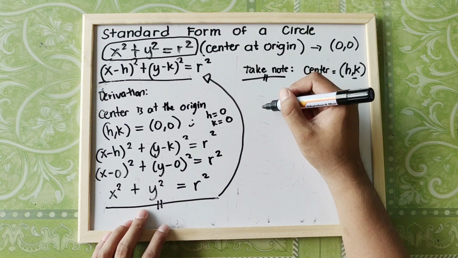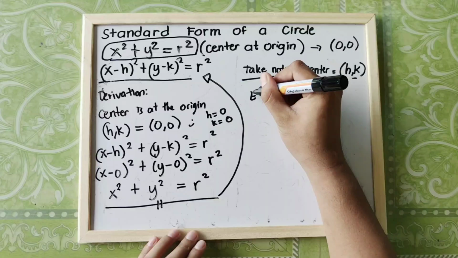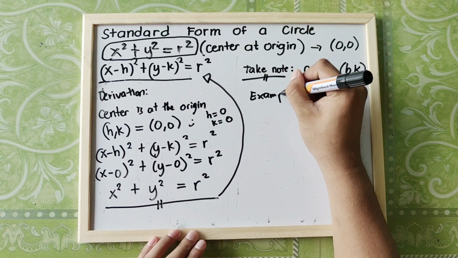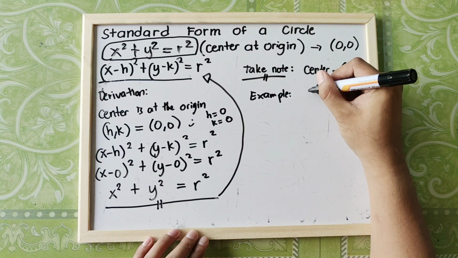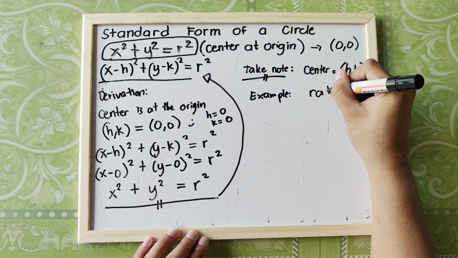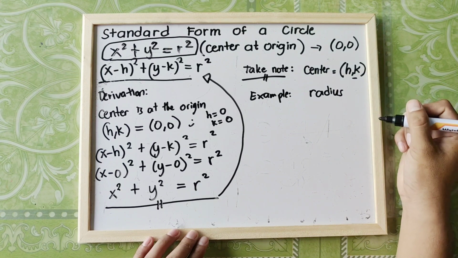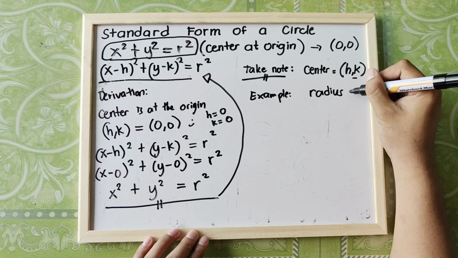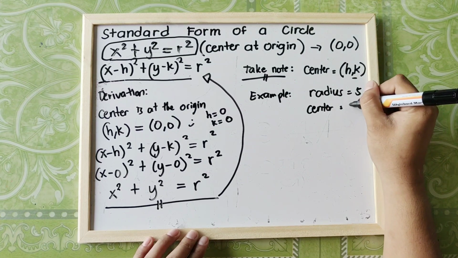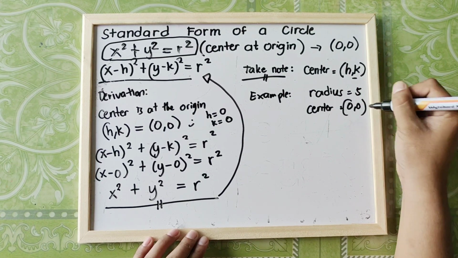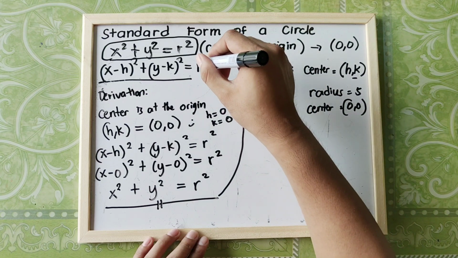So let's have an example. Find the standard form of a circle if the radius is 5 and the center is at the origin, or (0, 0). But before that, class, what is a radius?